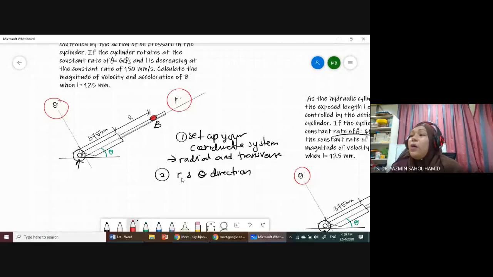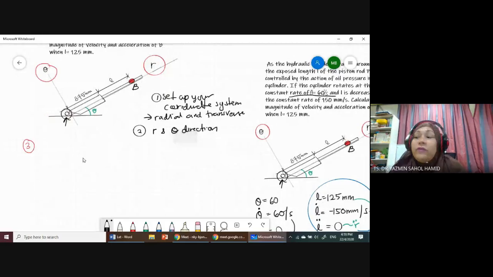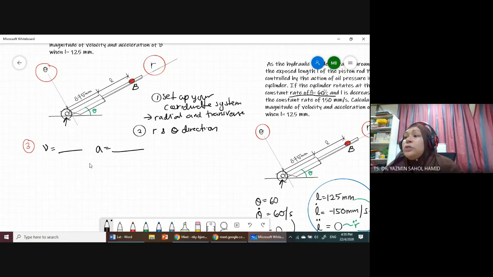Okay, now next we need to write the variables that are going to go into the velocity and acceleration expressions. We need to write the variables that are going to be in the velocity formula and the acceleration formula, using the radial and transverse components.